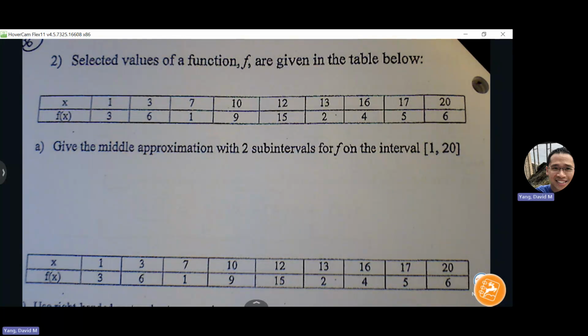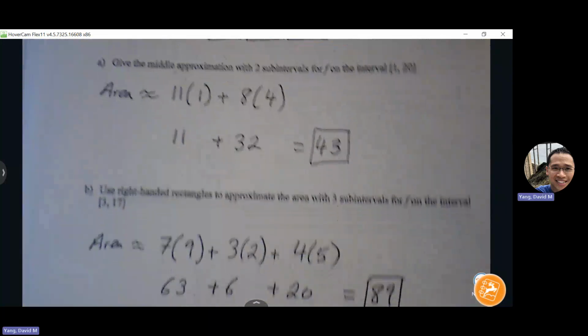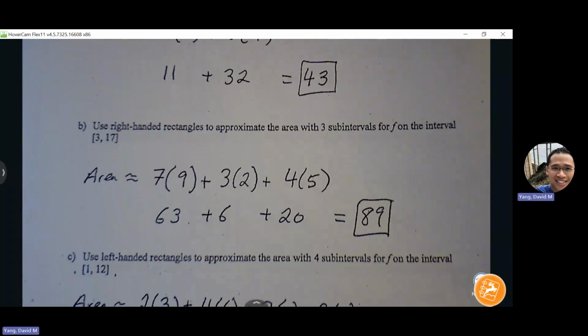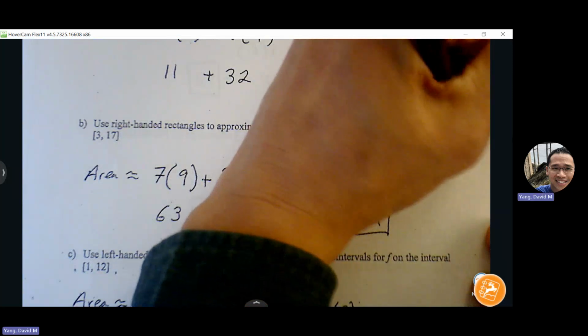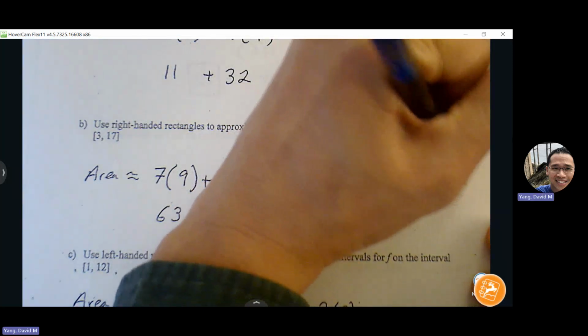That's right, 36, which is 3, 6. You're right, yeah, here's that one. Okay, looks like you guys are on the right track. Part A is 43, part B is 89. Part C is 51 and part D is 83.